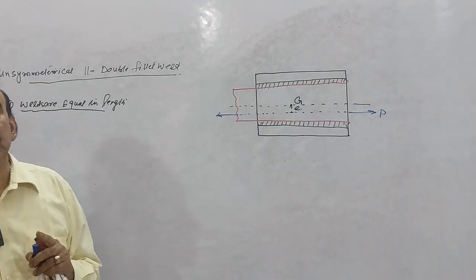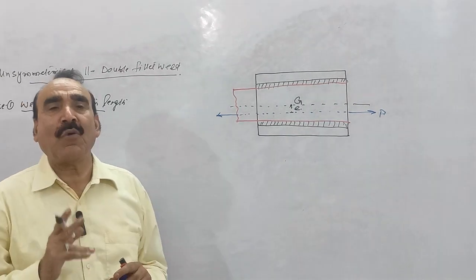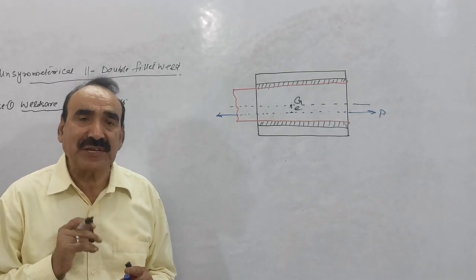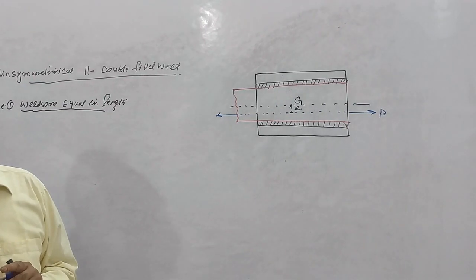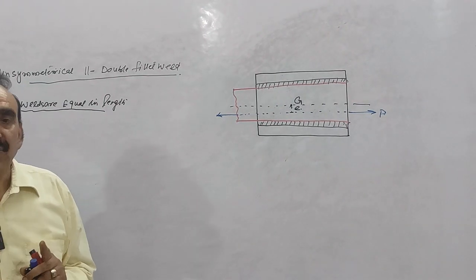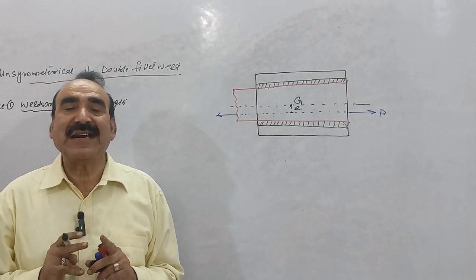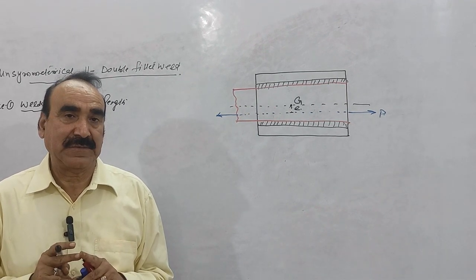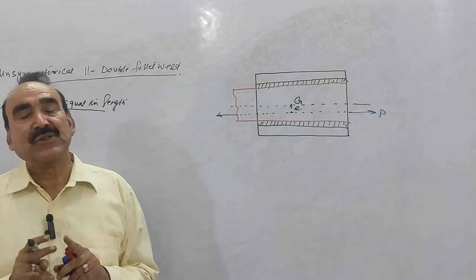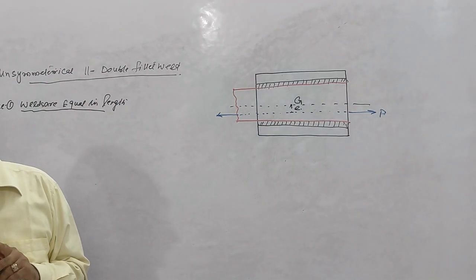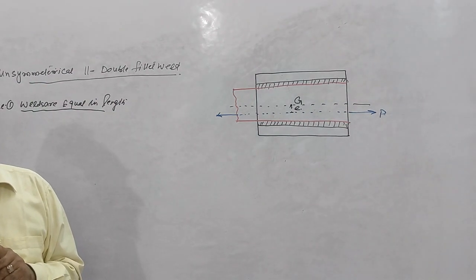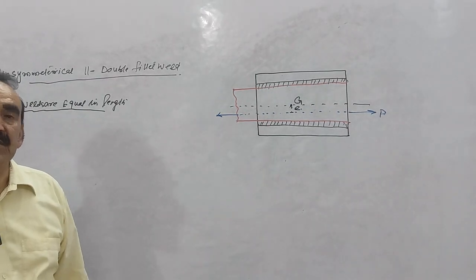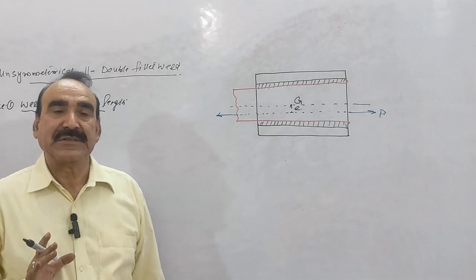You understand this? So in order to avoid the moment, or the additional stress, we readjust the length of the welds so that the line of action of the force passes through the CG, the centroid of the plate.